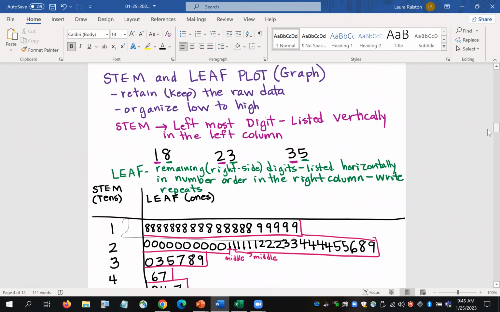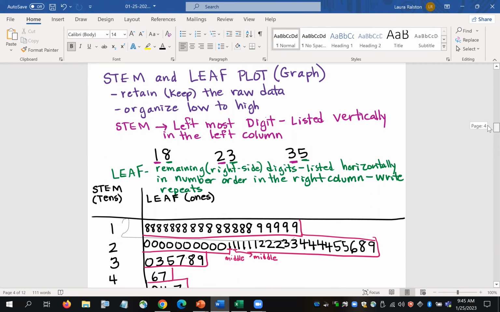One of the benefits of a stem and leaf, which to me is almost like a table, a different form of a table, but this text views it as a graph, is that it allows us to retain the raw data.